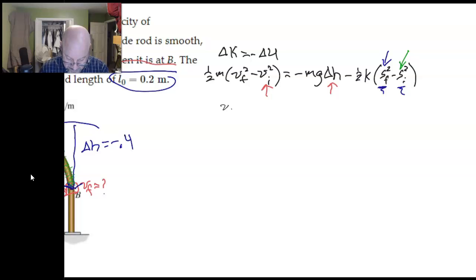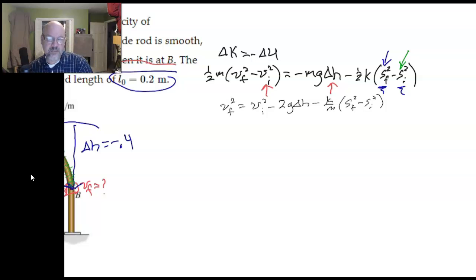So I'm going to have v final squared is going to be v initial squared minus 2g delta h, minus k over m, s final squared minus s initial squared. Okay, just like that.